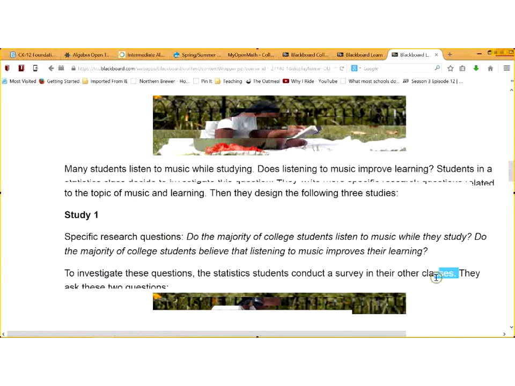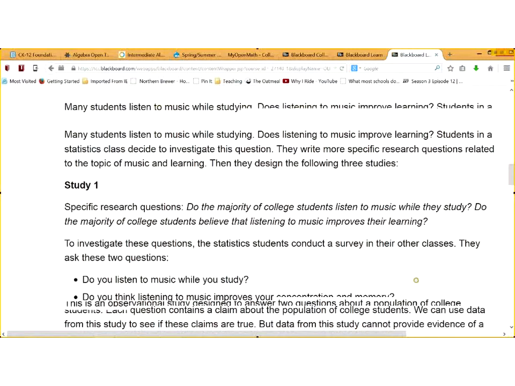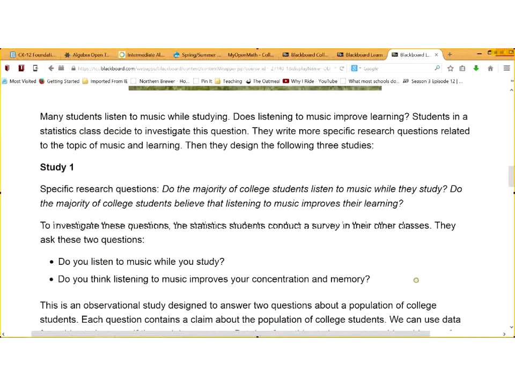This is kind of an interesting study, and I actually have done it with my smaller classes. It says, does listening to music improve learning? Students in a statistics class decided to investigate this question. Specific research: do the majority of college students listen to music while they study?